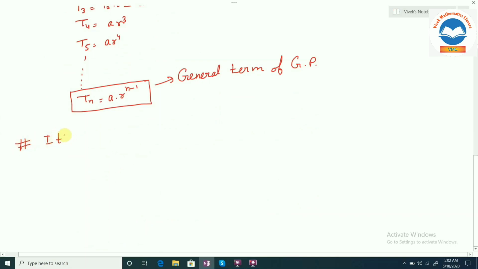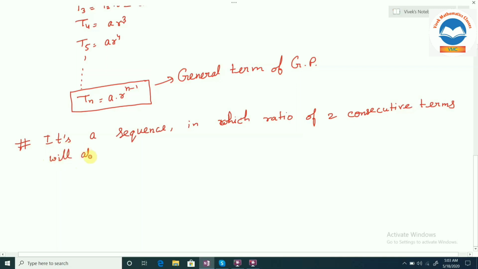It's a sequence, or we can say progression also, a sequence in which the ratio of two consecutive terms will always be the same, will always be equal to the common ratio r.